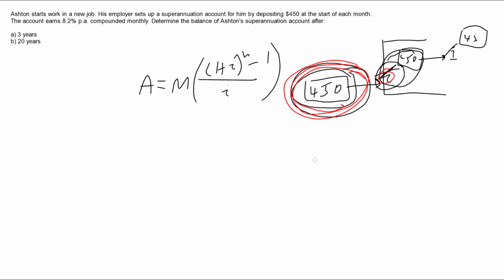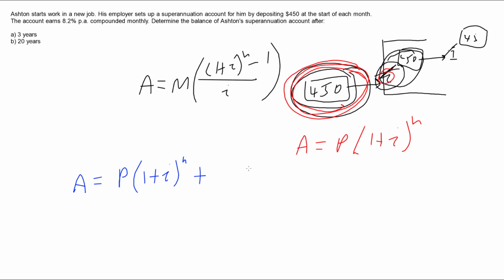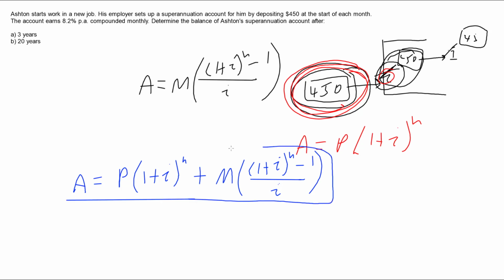An initial investment that gets interest added over time is compound interest, which is A equals P outside of 1 plus I to the N. So we want to join these two rules together, and overall our final amount after, in this case, 3 or 20 years, is going to be our compound interest plus our future value.